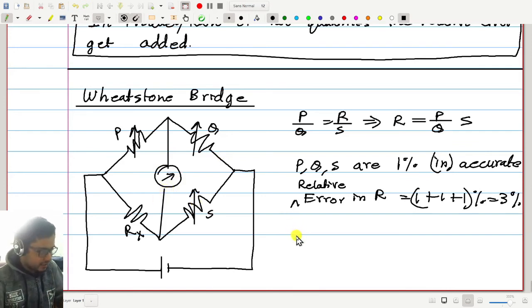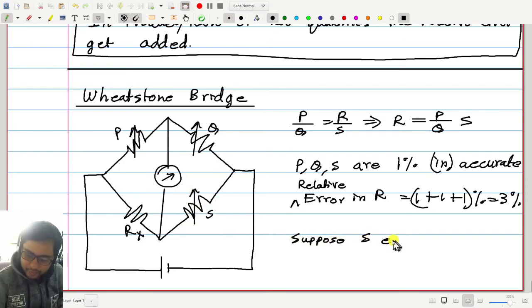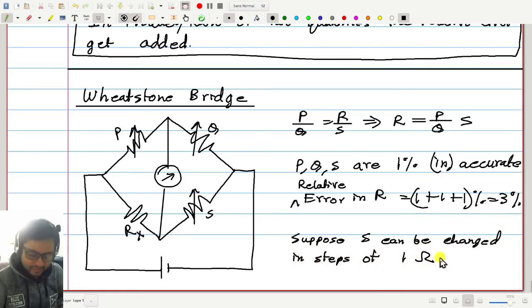But before that, another easy thing I will mention. Suppose this standard resistance S that you are using can be changed in steps of 1 ohm. Normally a standard resistance won't be like a rheostat, because then you cannot get the value of this resistance.